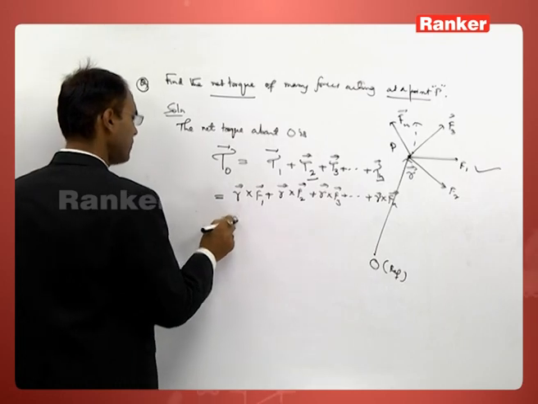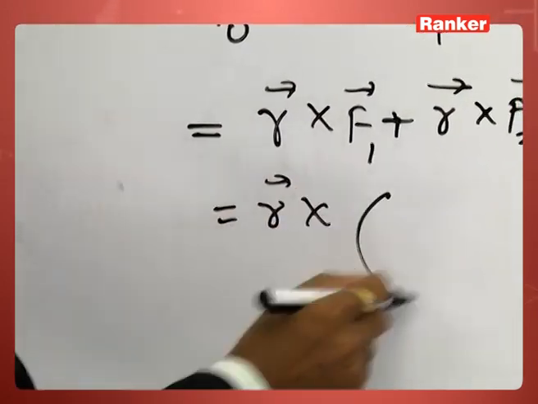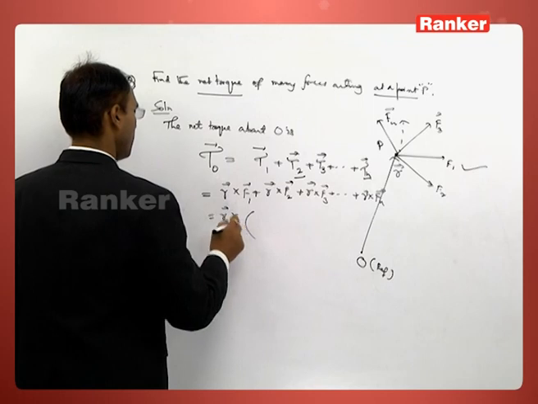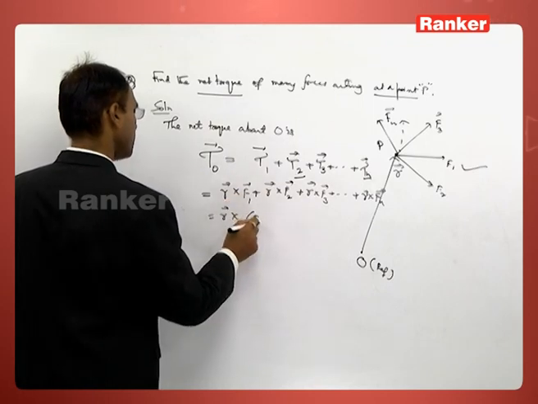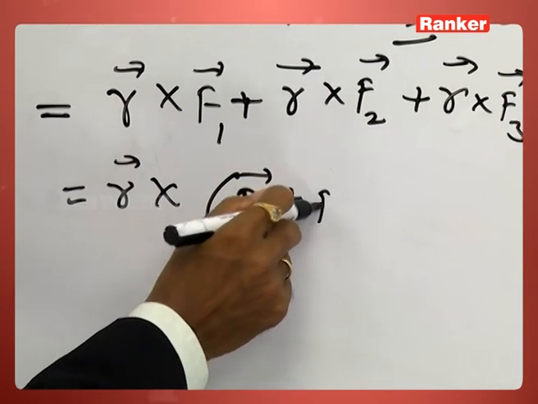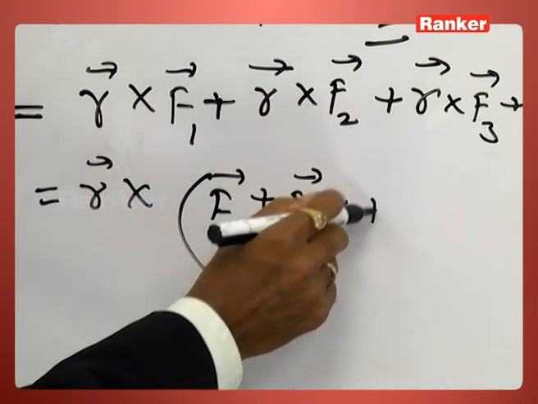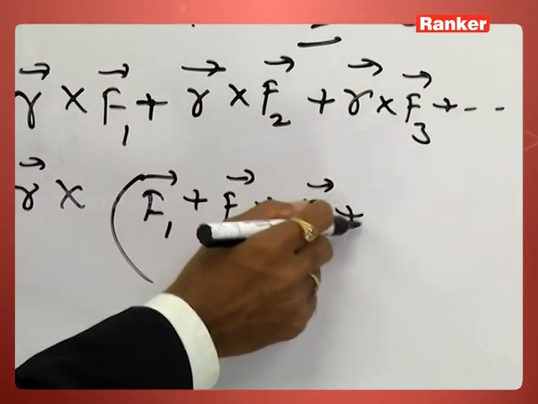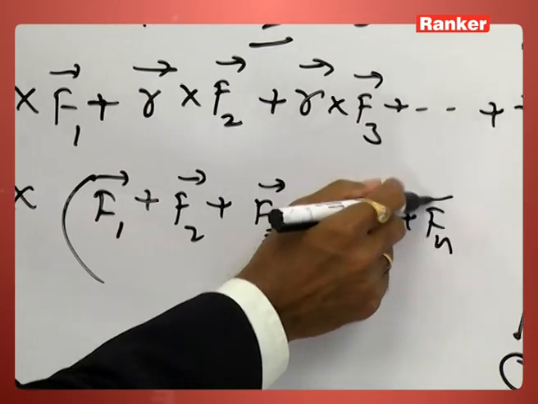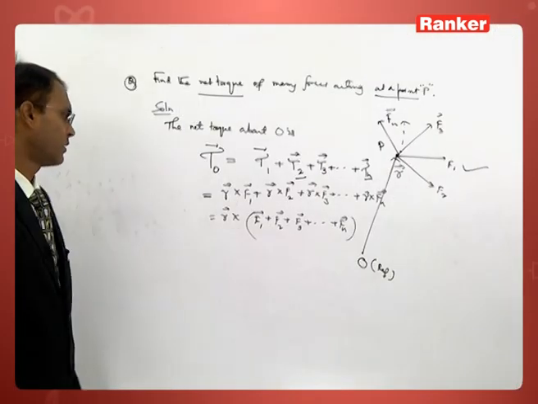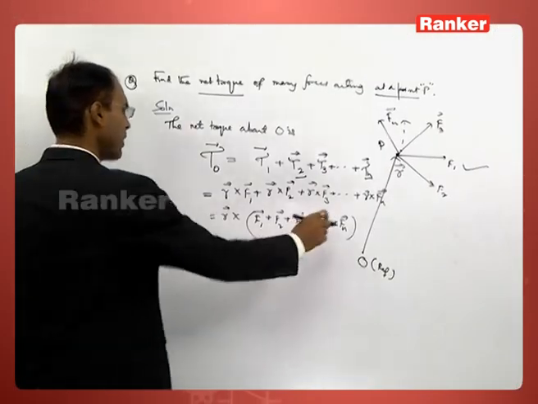You can take R common, put cross and bring all the forces inside the bracket in addition form. That is the vector operation.